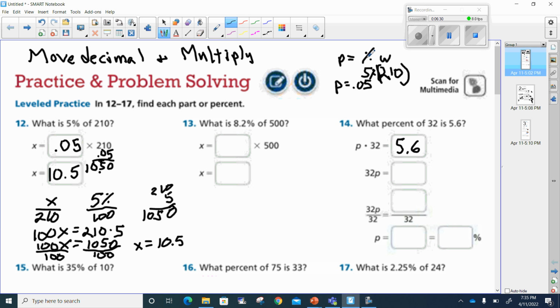So the percent's missing. We have the whole, right? The whole is 32. I'm just going to erase this over here so it's a little bit easier to see. The whole this time is 32. We're looking for the percent, and that's going to equal the part, which is 5.6.